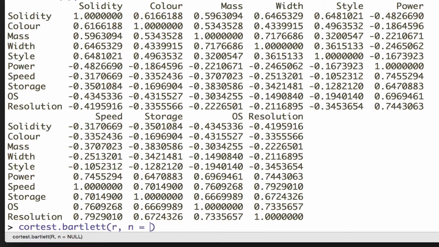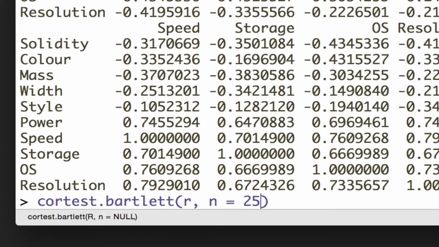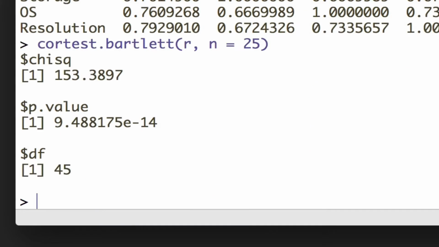In our case, I just happen to know that we asked 25 people to fill in this fictitious questionnaire, so I'm going to run that.